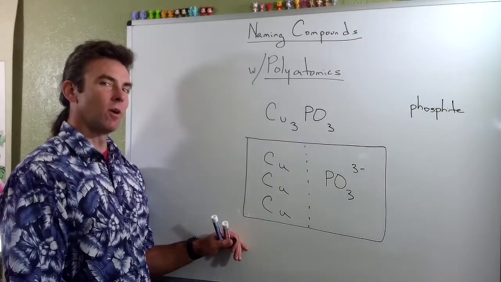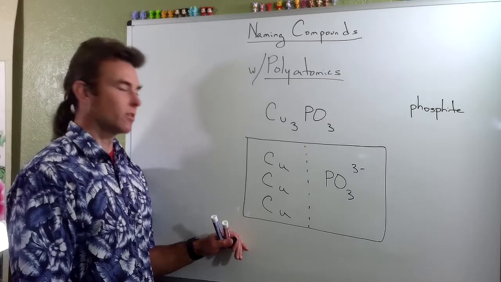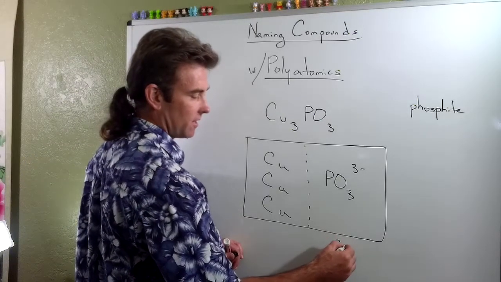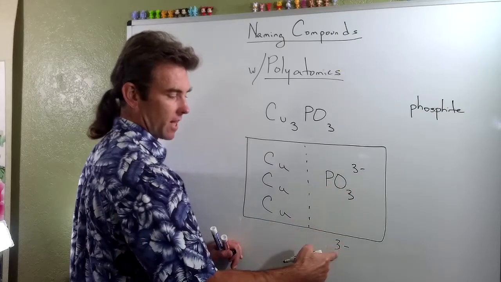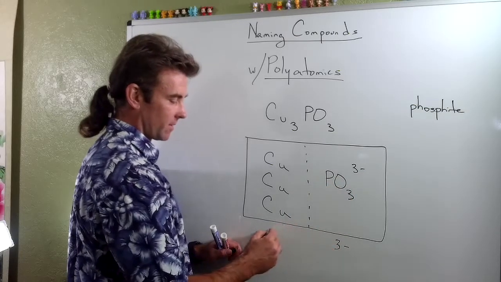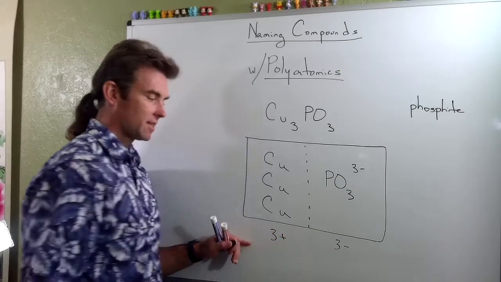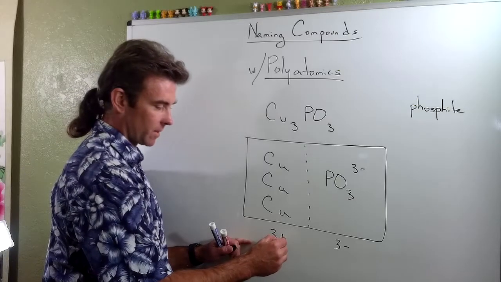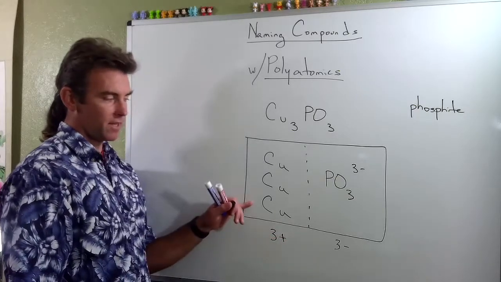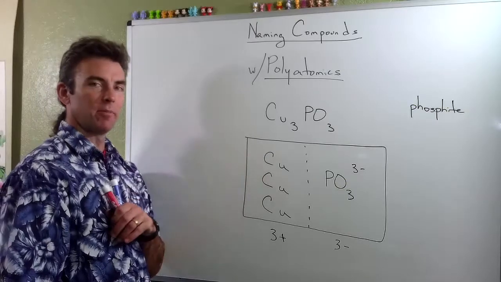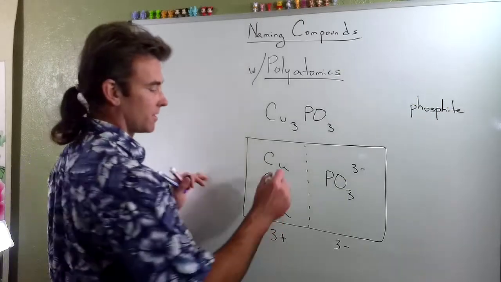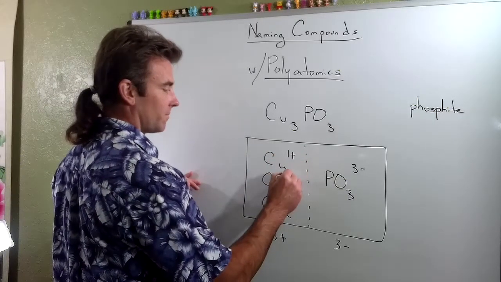And you probably know where I'm going with this. We need to make sure that the charges are balanced. If there's one of those, that whole side adds up to 3 minus. This whole side has to add up to 3 plus, which means that if this is truly going to spread out that 3 plus evenly, each one of those coppers has to be a 1 plus.